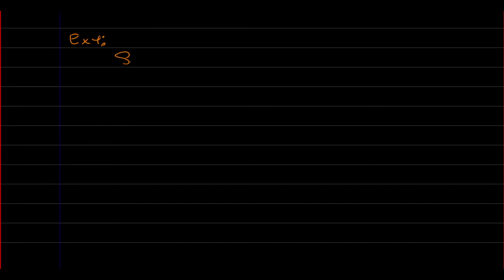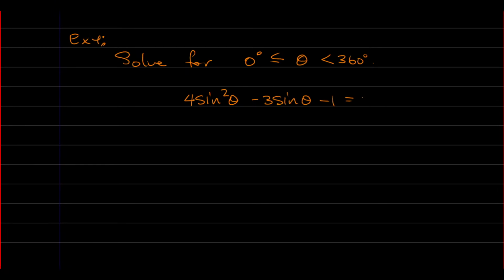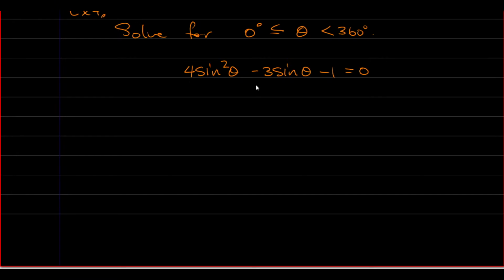Example 4, we can solve for theta between 0 degrees and 360 degrees. Right? So we can solve something like 4 sine squared theta minus 3 sine theta minus 1 is equal to 0. We can solve something like that as well.